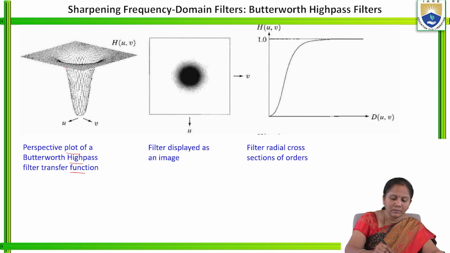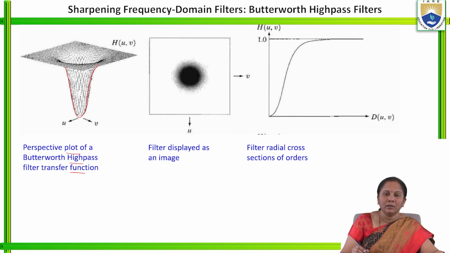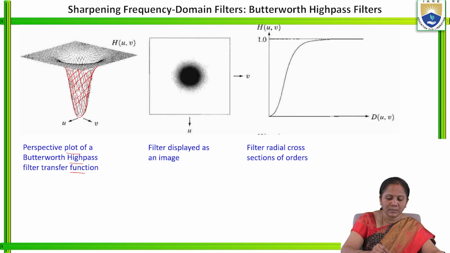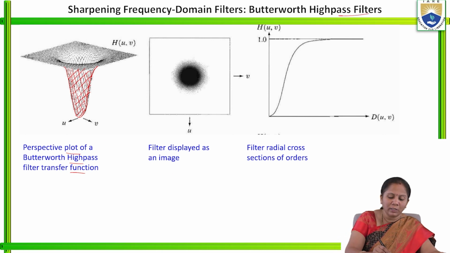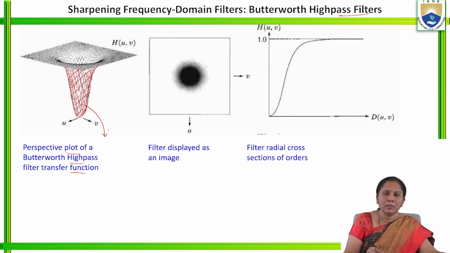We can observe the same thing here. And the frequencies that are available in this area are called lower frequencies. As it is a Butterworth high pass filter, all the lower frequencies in this range will be blocked.